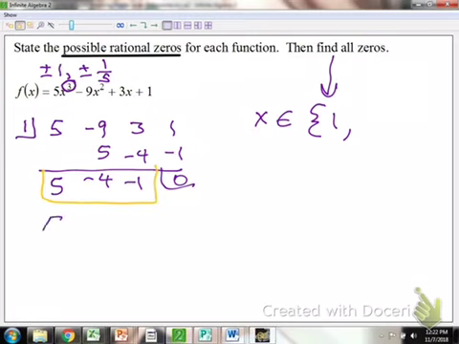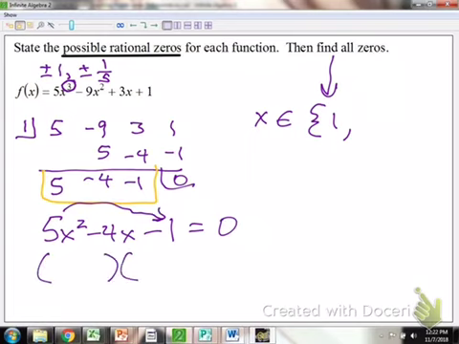And that quotient is 5x squared minus 4x minus 1. And I want to know where that's equal to 0, because that's going to give me my remaining zeros. I'm pretty sure this is factorable. We'll solve it by factoring. That's negative 5. The factors of negative 5 that add up to be negative 4 are negative 5x and positive 1x, negative 5 and 1.